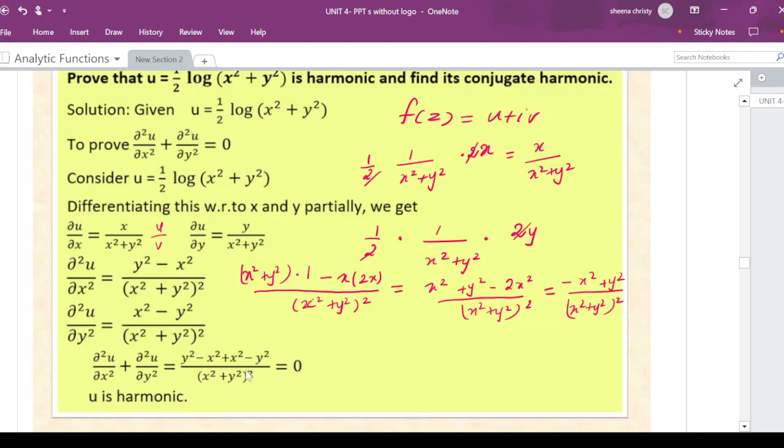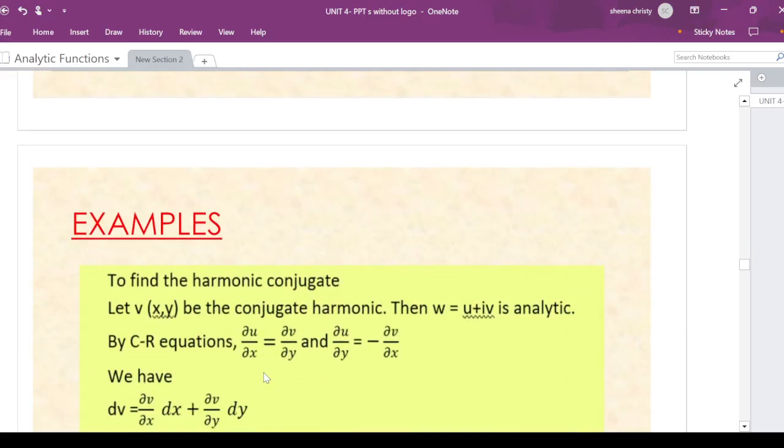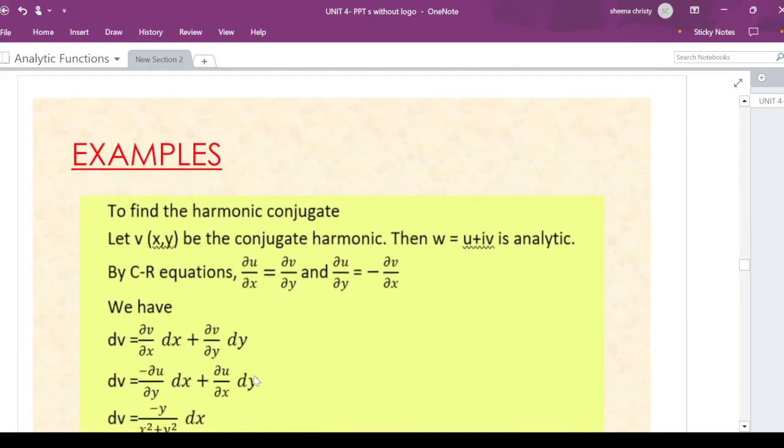Now we have to find the conjugate harmonic of u, which is v. To find it, we are going to make use of the CR equations and total differentiation. We all know v is a function of x and y. So we can write dv as dou v by dou x into dx plus dou v by dou y into dy.